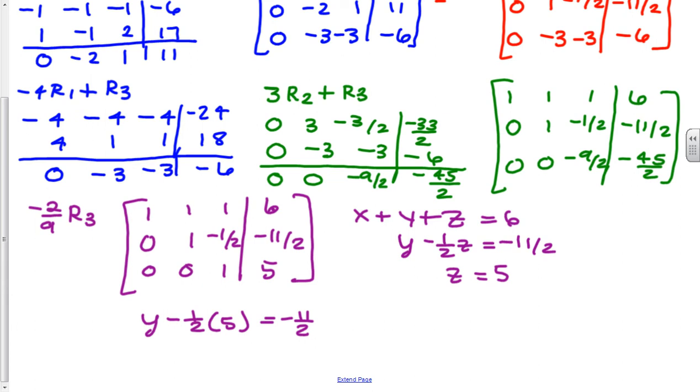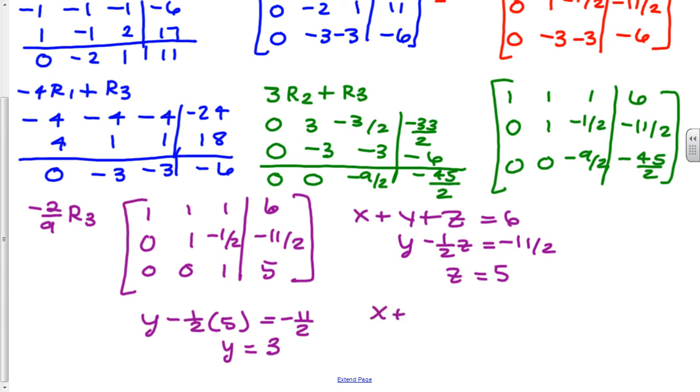So I multiply 5 times a -1/2. And then I'm going to add it to the 11 halves, which gives us exactly 3. If I know z and y, I can plug it into the first equation to find out what x is.